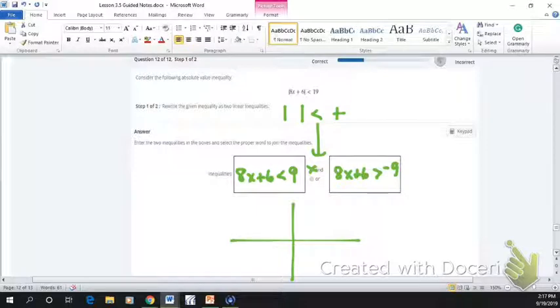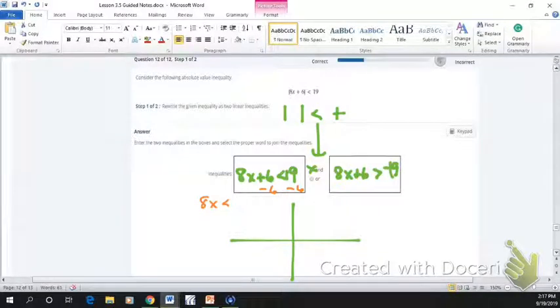So where will they cross the x-axis if I subtract 6 and divide by 8? 8x is less than 19, which means this over here is a negative 19.